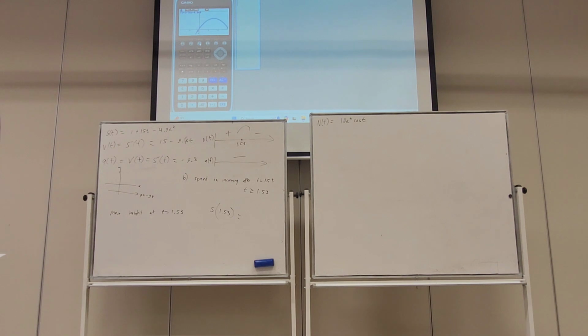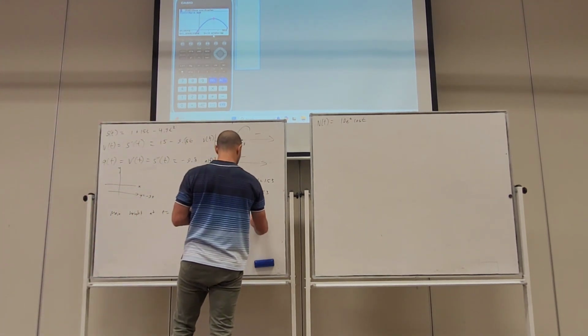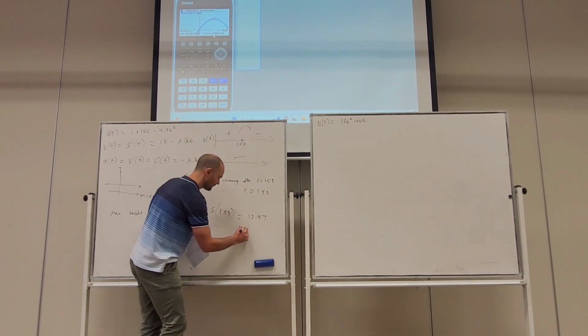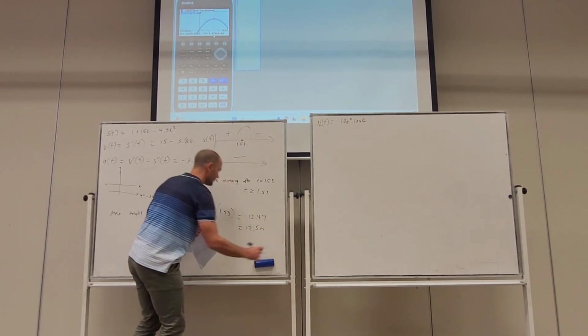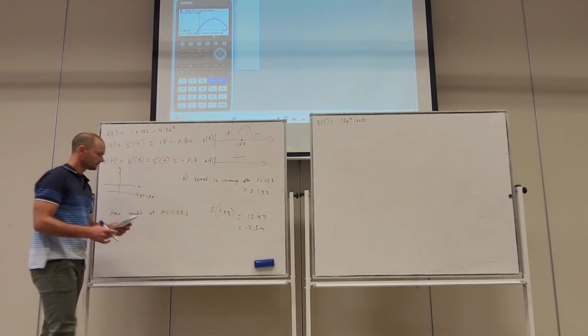You can only g-solve if you can see it, but we can g-solve that max, or type in the x value. You can see that x value 1.53, that's what we expected, and the height is 12.47 meters. To 4 figures, the 7 rounds up, so 12.5. Don't forget units. That's seconds.